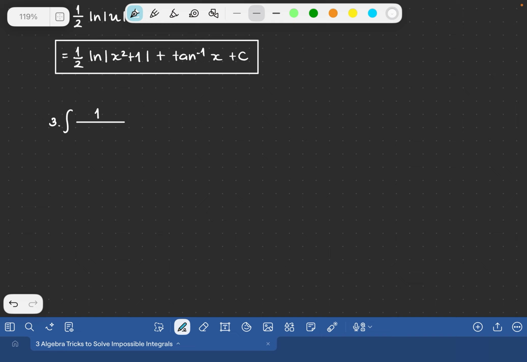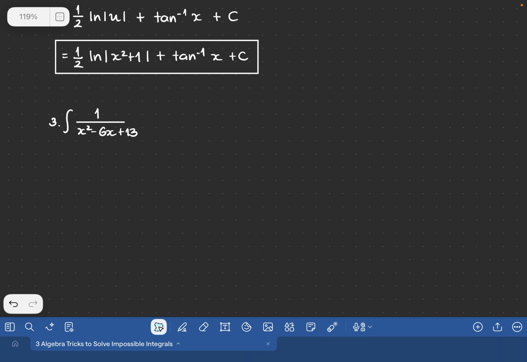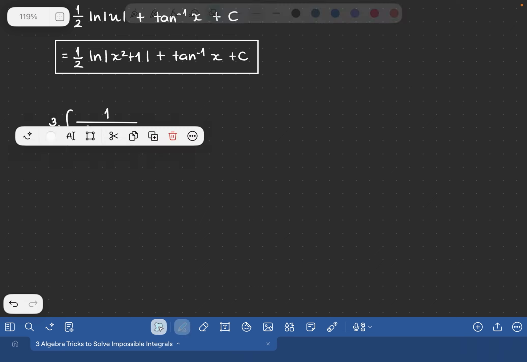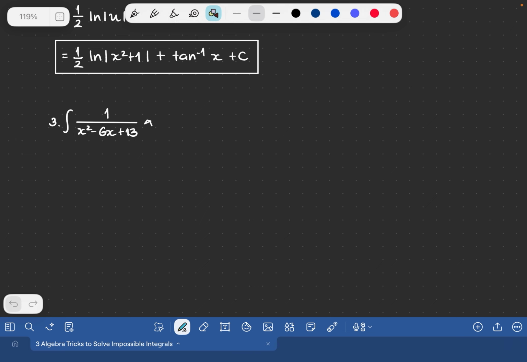Okay, so we have here the antiderivative of, oops, not yet. This is for the fourth one: 1 over x squared minus 6x plus 13 dx.